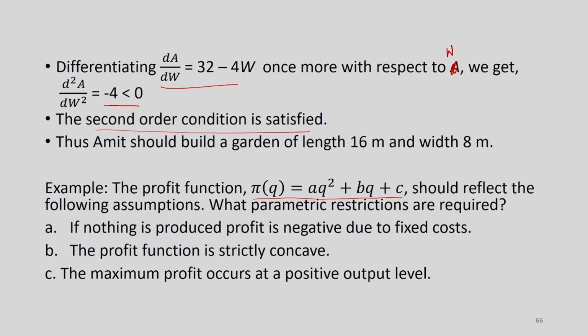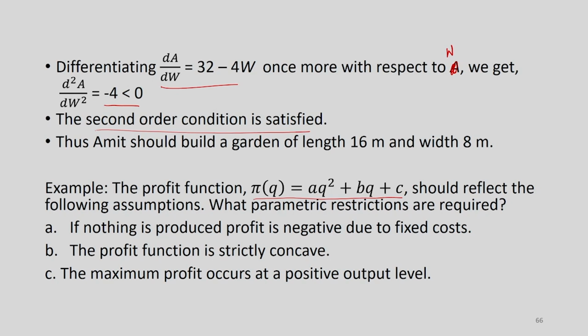Now, this quadratic function general form should reflect the following assumptions, and if it has to reflect these assumptions, then what parametric restrictions are required? So, that is the question. Number 1, if nothing is produced, profit is negative due to fixed costs.